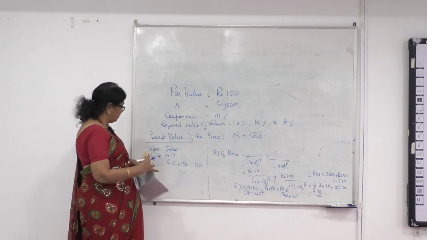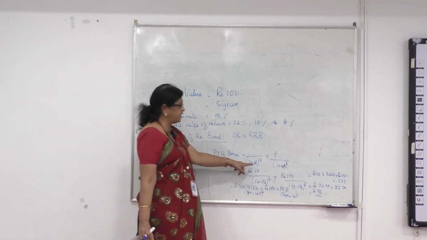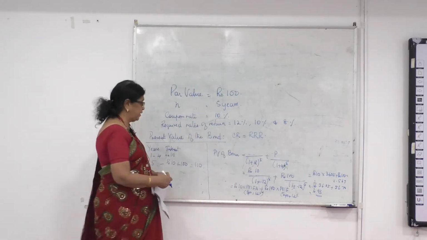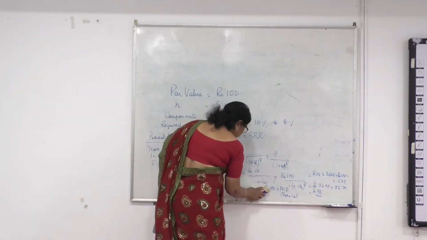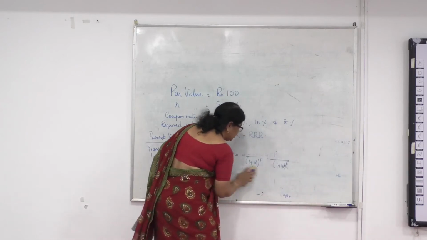To do that, I am going to maintain the same details as I have given here. The only thing that I will be changing will be this R. What is this R? This R refers to the required rate of return. So let me rewrite this equation so that there is no confusion.